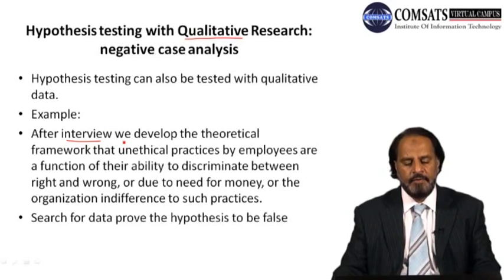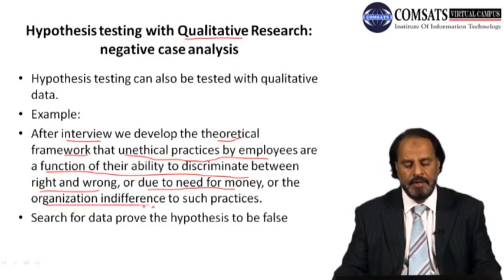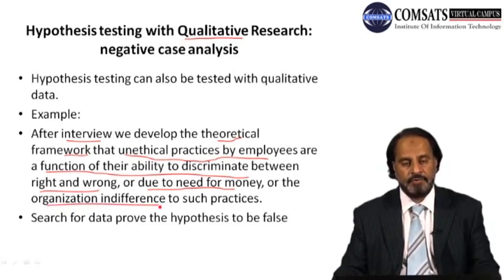So you are able to develop a theoretical framework that unethical practices by employees are a function of the ability to discriminate between right and wrong, or the need for money, or the indifference of the organization to them.